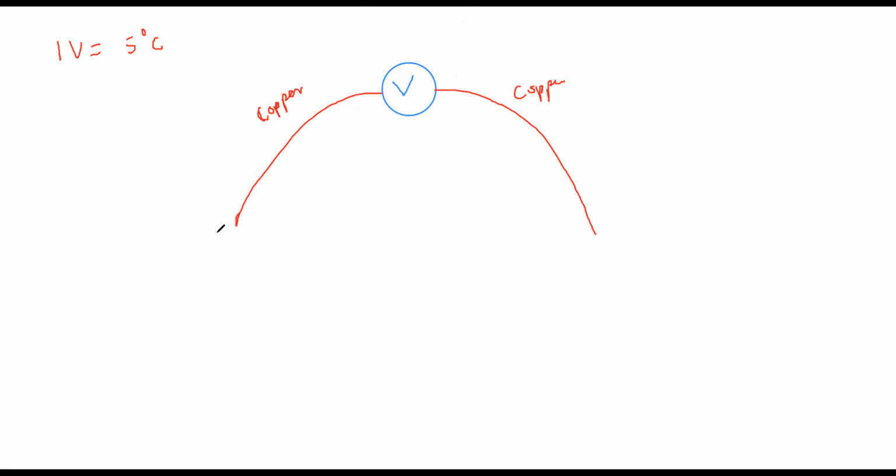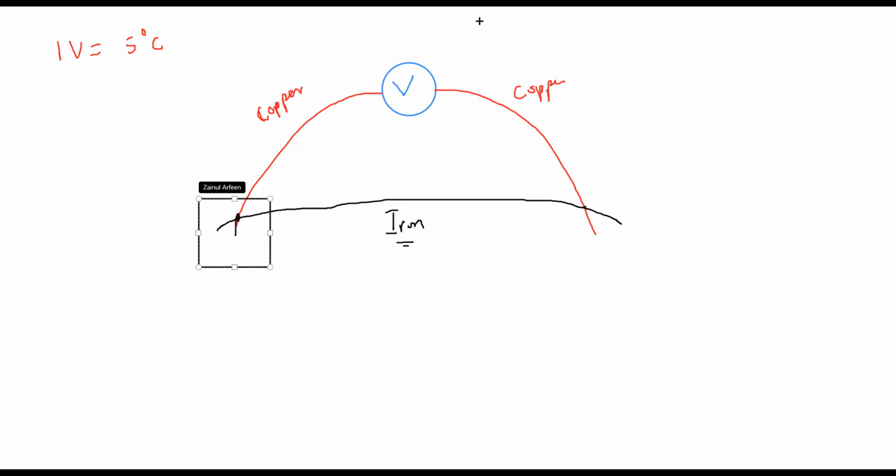The 2 wires are connected by another material, for example, iron, and we have 2 junctions. The point where the 2 wires intersect, we call a junction. One junction, I place inside melting ice. The reason to use melting ice is so that the temperature is 0 degrees centigrade.